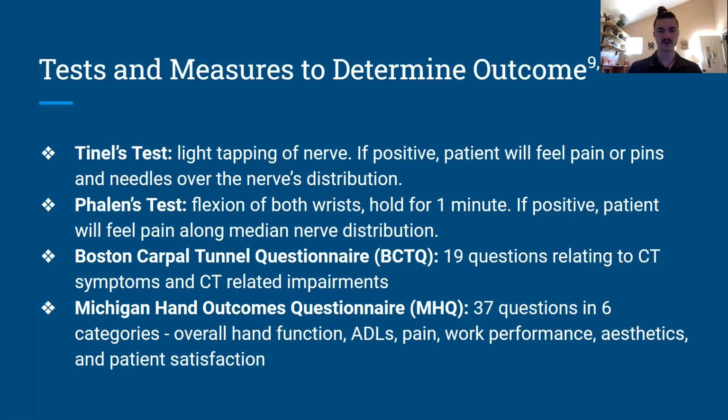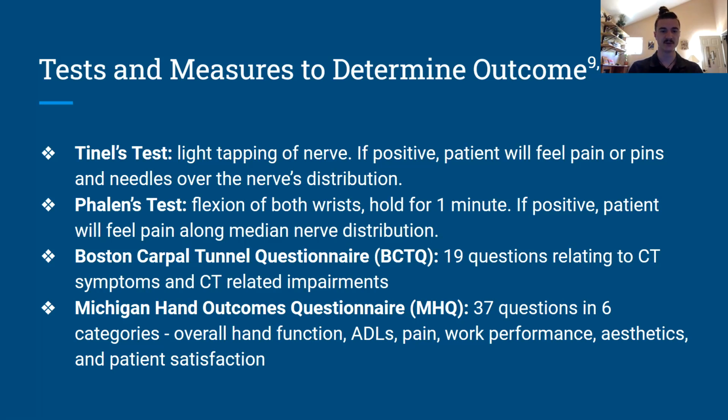And then we have 2 questionnaires here. We have the Boston Carpal Tunnel Questionnaire, the BCTQ, and this is 19 questions relating to carpal tunnel syndrome symptoms and carpal tunnel related impairments. So these are just kind of general questions for how it's impacting their life.